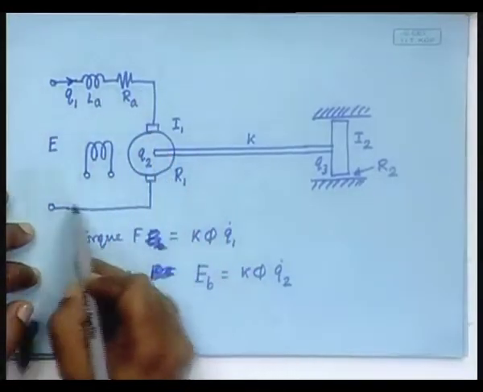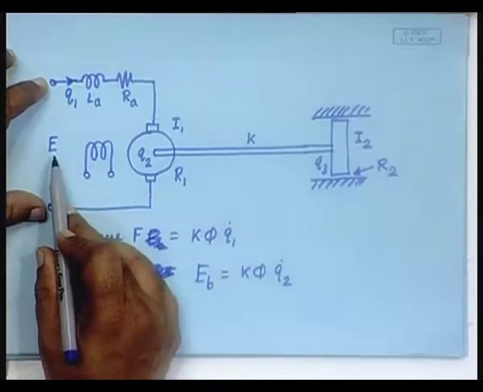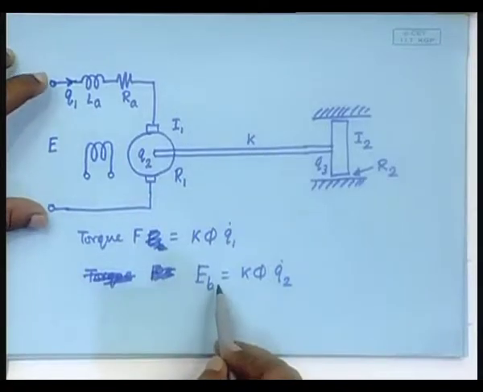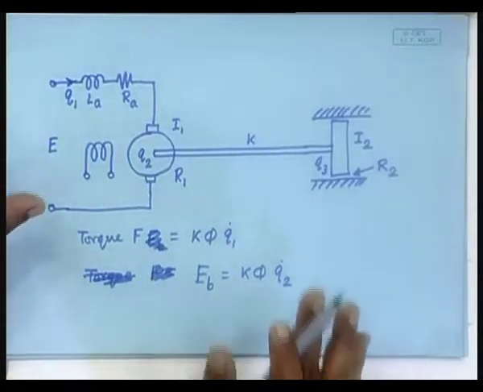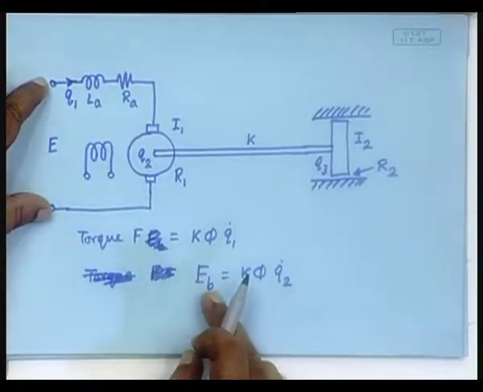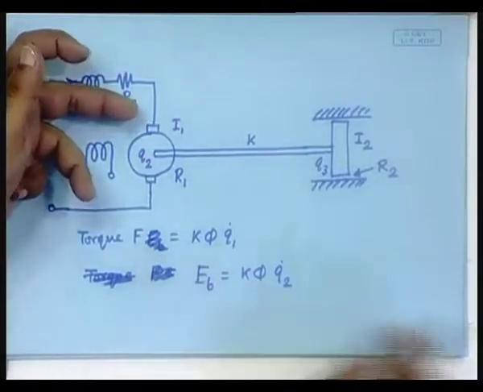Q1 is the direction in which E is applied, but it is acted on in the opposite direction by back EMF. So, the total voltage effectively applied on this circuit is E minus EB, and that acts in the direction of Q1.